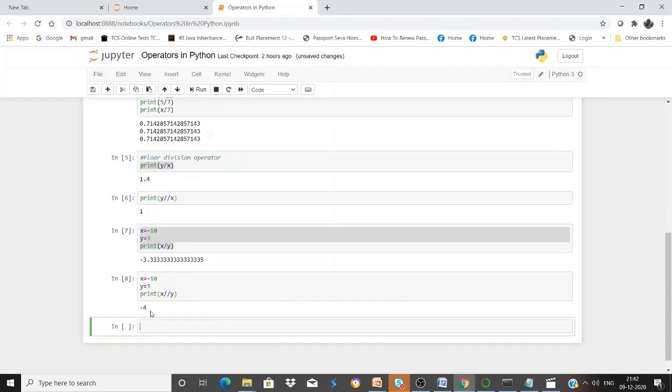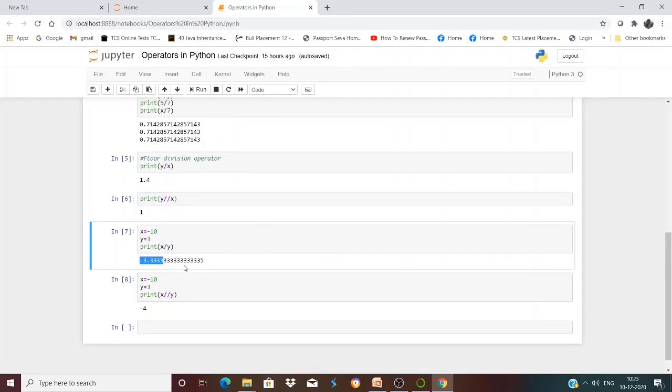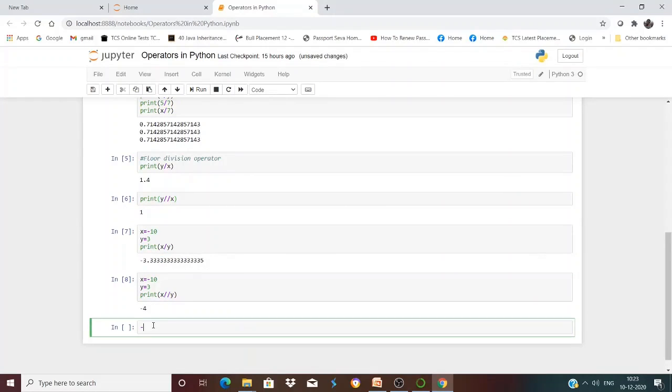So why do we get -4? We get -4 because the division result -3.33 actually lies between two integers, -3 and -4. We can write it like this: -4 is less than the division result, which is less than -3.